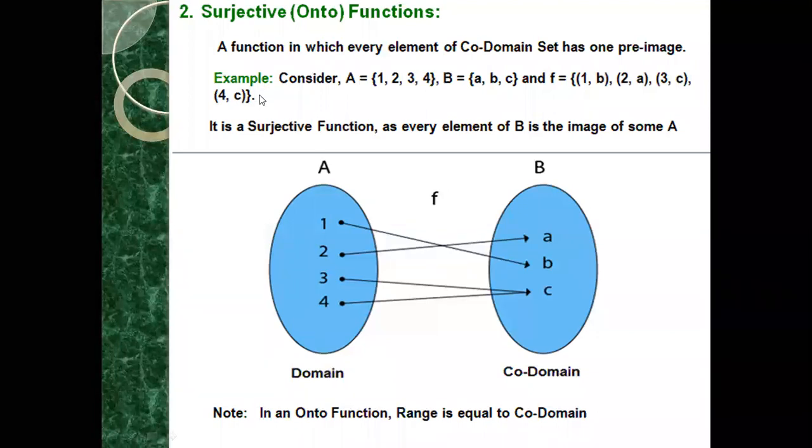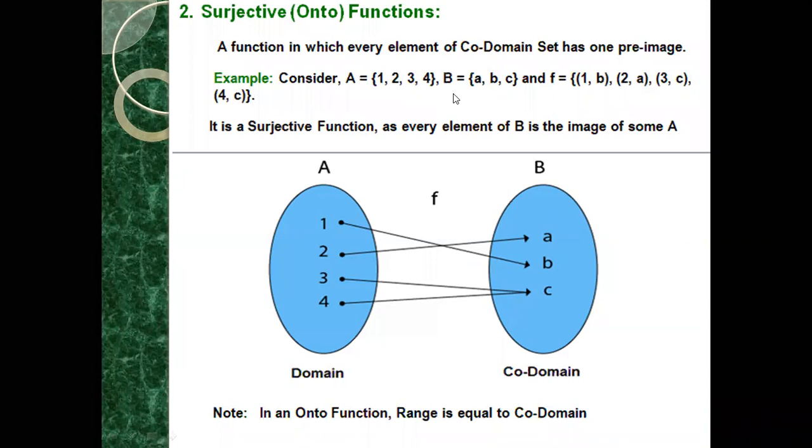Okay. So consider A is equal to {1, 2, 3, 4}, B is equal to {a, b, c}, and define the mapping f that maps (1, b), (2, a), (3, c), (4, c).